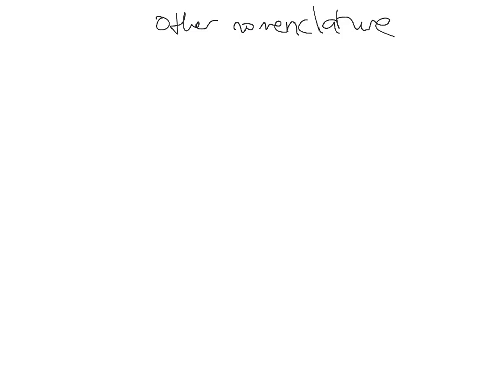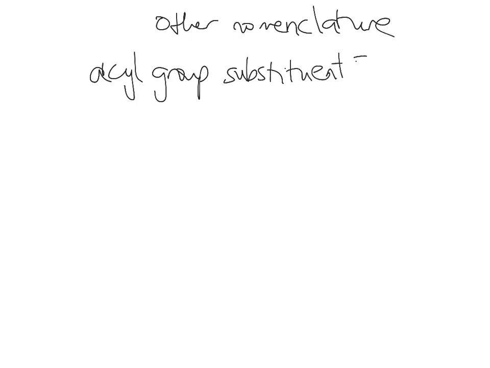Is that if your acyl group is named as a substituent, you're going to take the IUPAC name or the parent name and add -yl or -oyl. So for an acyl group as a substituent, you take the parent and add -yl or -oyl.